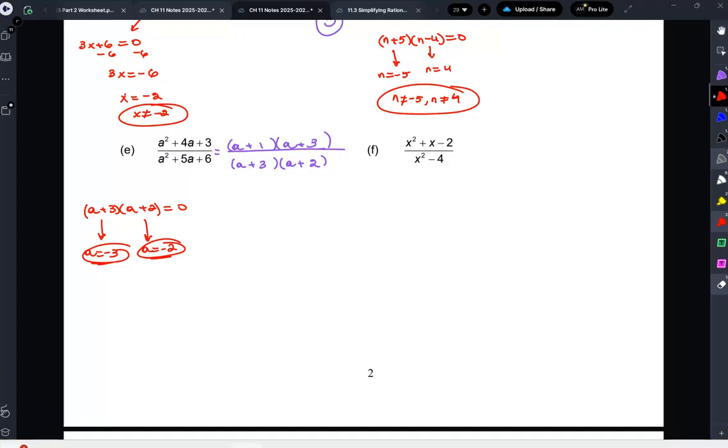I wrote a plus 2 and then a plus 2. Oh, no, it doesn't matter. Wait, but why is it a equals? Oh, then now I can do a is something and a is something. Yeah, you're right. Yes. Okay, so now here, can anything cancel?